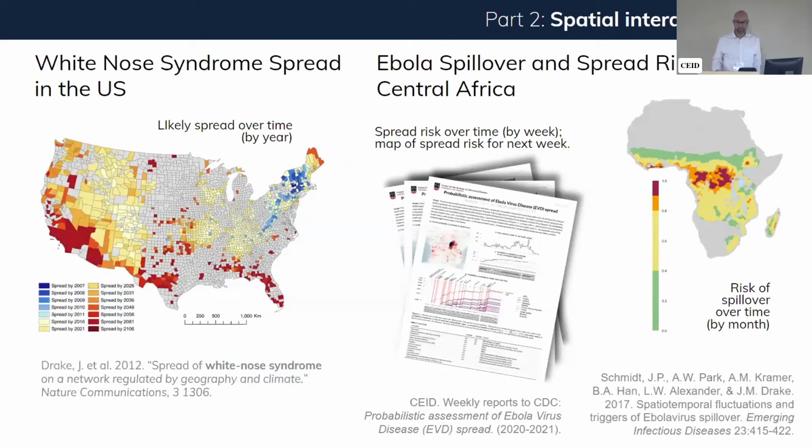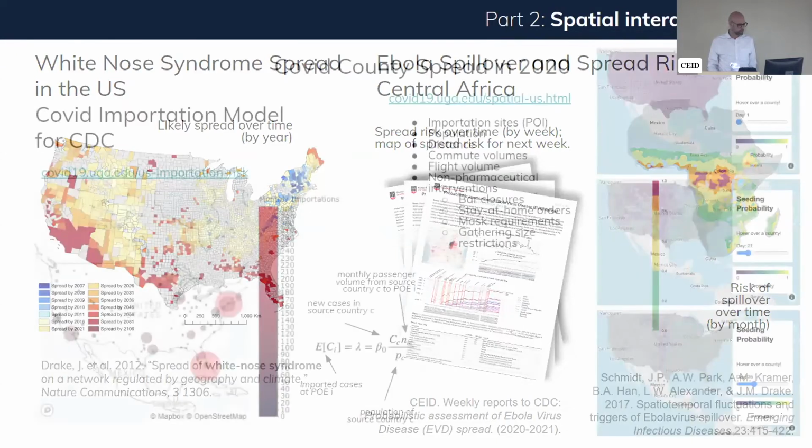We actually pioneered this approach in the context of white nose syndrome, an emerging fungal pathogen of bats, about 10 years ago. More recently, we've deployed it in cooperation with the Division of Global Migration and Quarantine at the CDC, which, for instance, supported the DRC Ministry of Health 2 years ago in their ongoing response to Ebola virus in Central Africa.